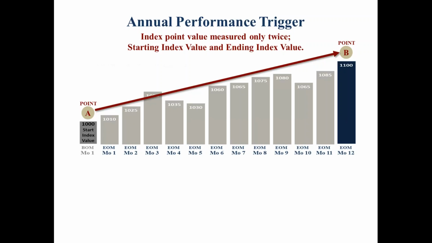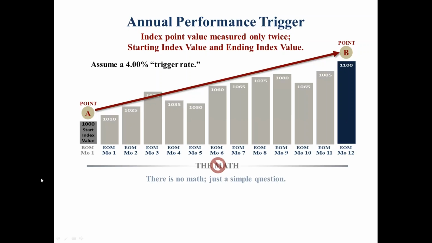So it's a pretty simple measurement. What's beautiful about this, and the reason I say I like it for much older clients, is there's no math, okay? There is no math to an annual performance trigger strategy. It's simply a set rate of interest.